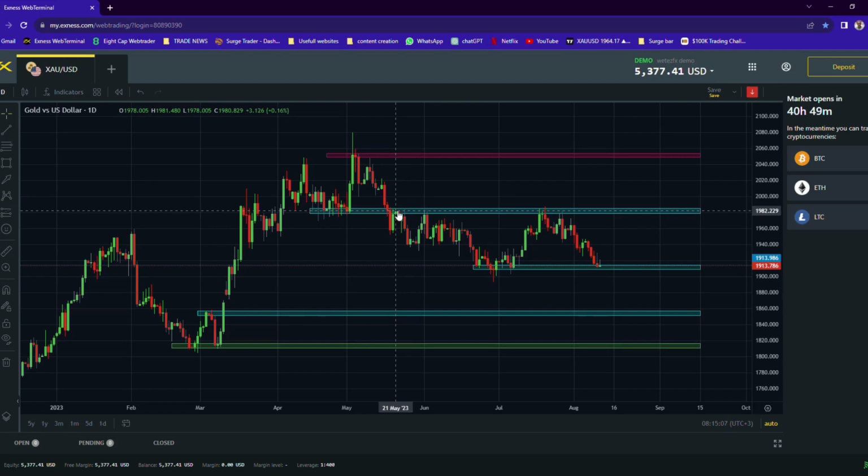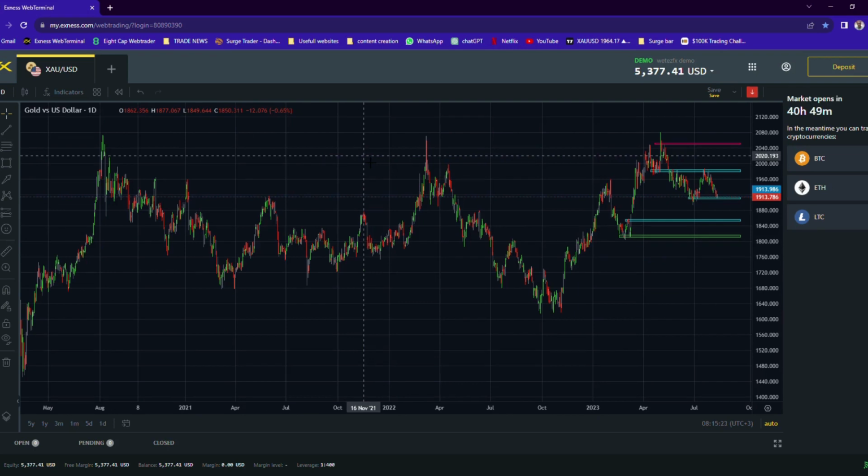So if you're trying to target big profits on trading any currency or any commodity, look at this huge resistance right here, because this resistance started somewhere in 2020, July.